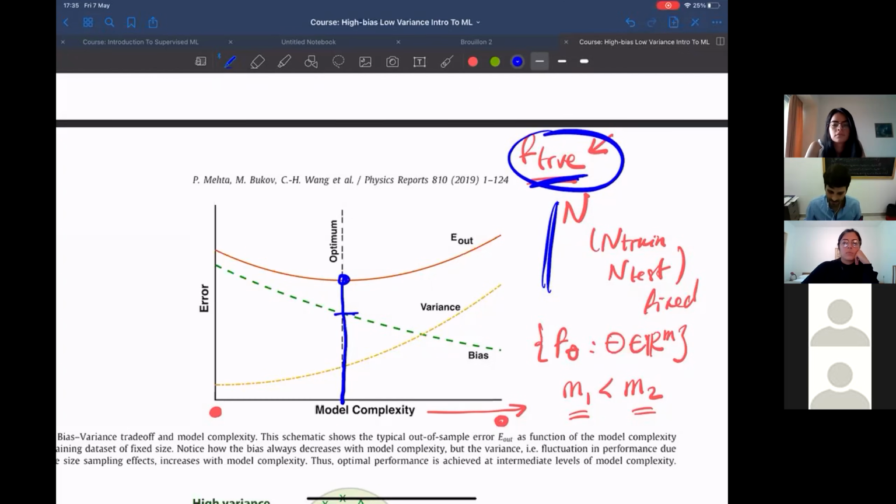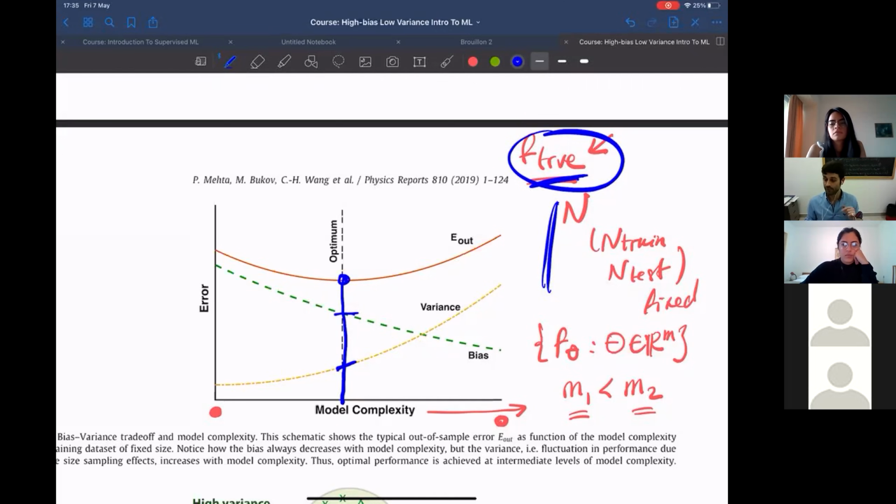And at the same time, it's not oversensitive to noise, so the variance remains low. So your model is not so rich that you will overfit, which means mostly capture noise. There is this sweet spot in between, and this is what you should aim for.